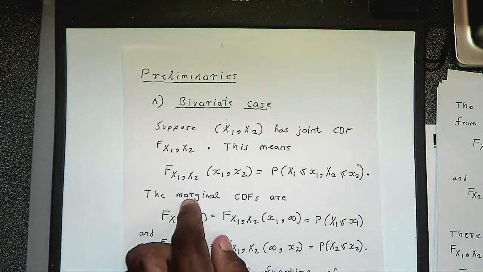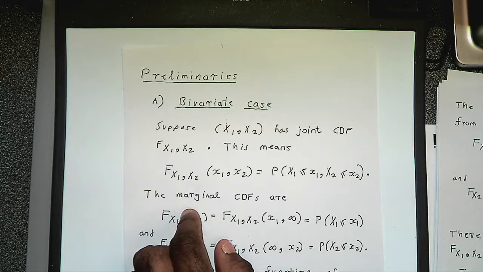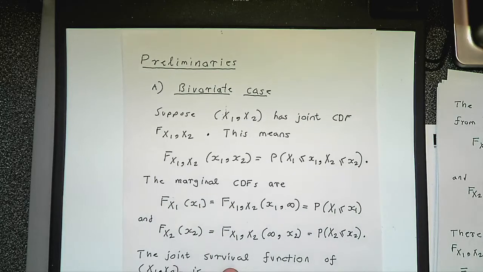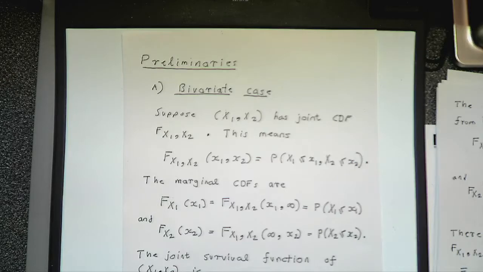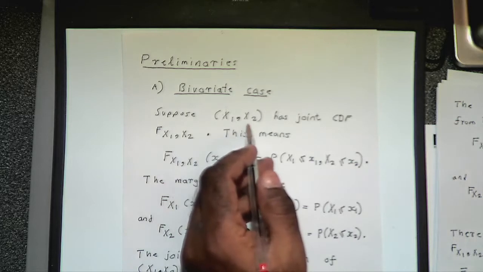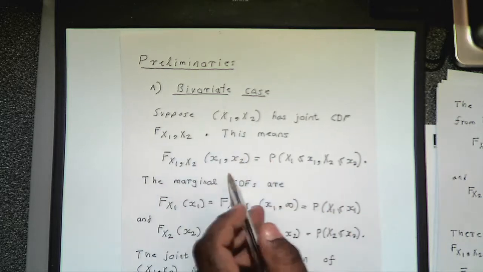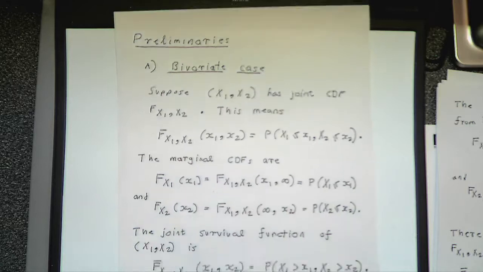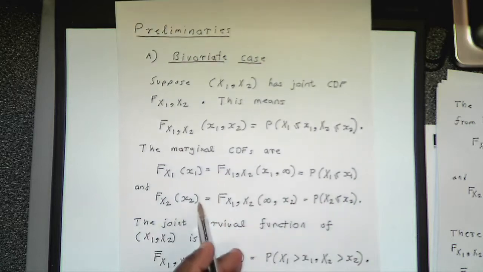All right, this is the first video, which is about preliminaries, right? So in the bivariate case, if you have a random vector x1 comma x2, this is known as the joint CDF, or the joint cumulative distribution function, and these are the marginal CDFs.